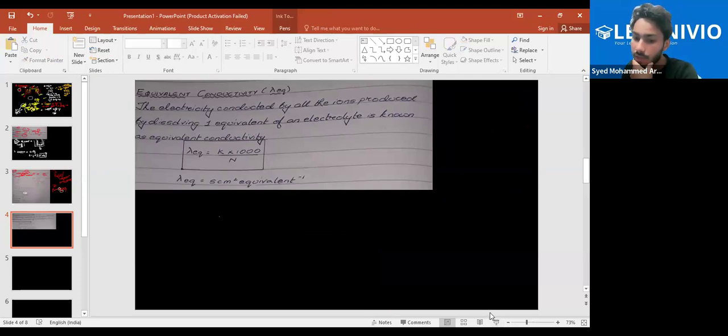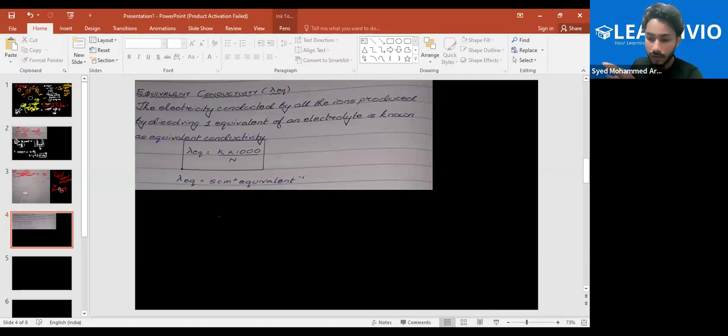I can say that, but it's not completely related, because the equivalent is based on amount. Like 1 mole is an amount, equivalent is also an amount. This term is used in the electrochemistry chapter.